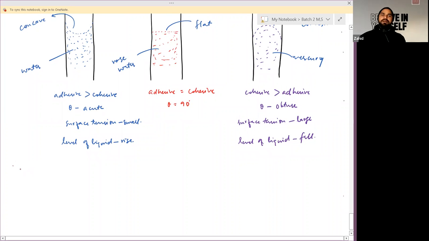So we have to calculate the rise or fall in level of liquid. So first is Jurin's formula.